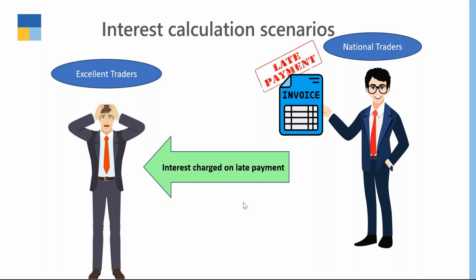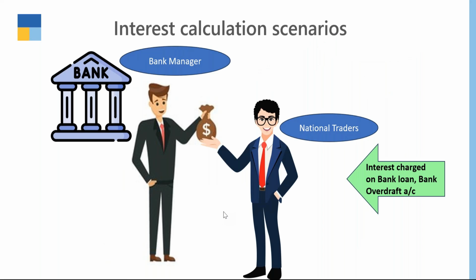So here we have taken up the scenario wherein, on the late payment, the business would like to charge the interest. Another scenario would be if you are taking a loan from the bank. Obviously that becomes your current liability because you have to repay that loan amount to the bank. Even in such a scenario, if you know the interest rates and want to automatically generate the interest, those reports will be available.